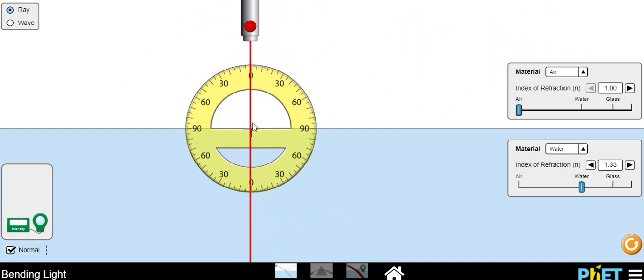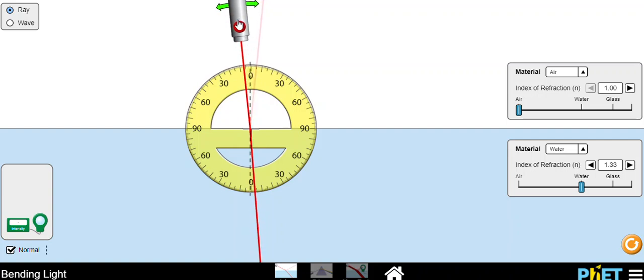So there is a line here that is vertical, that is perpendicular to the interface between the two mediums, right? In this case, you are going to measure the incident angle, the refracted angle, and the reflected angle with respect to this normal. So the normal is a vertical line perpendicular to the interface between the two materials.